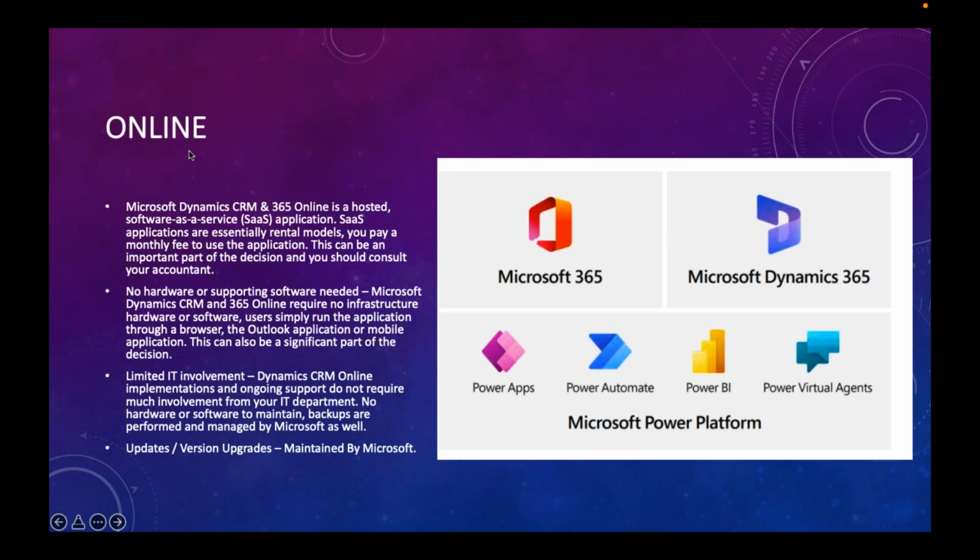One is online and the other one is on-premise. So this slide covers what online is and what it exactly contains, and also the benefits that we have when you choose online Dynamics 365.